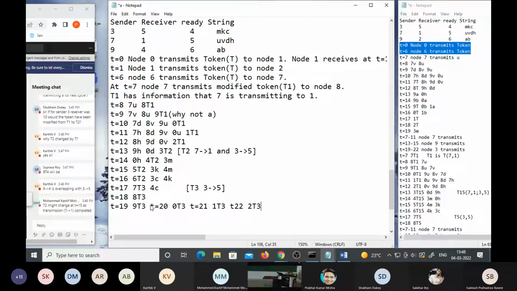That is correct. 9 to 4 is overlapping with 3 to 5. Roy, do you understand the mistake? At present, this T3 token is going on.